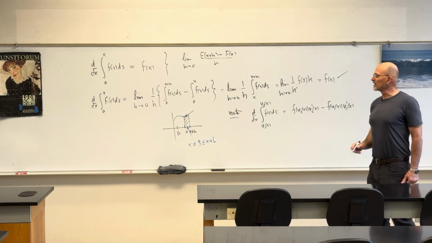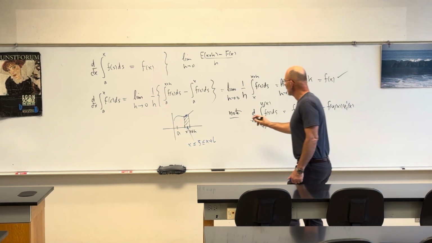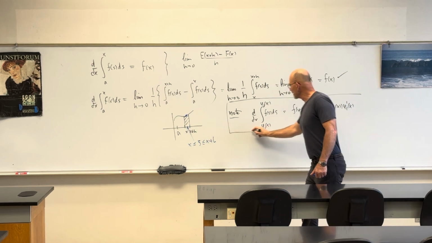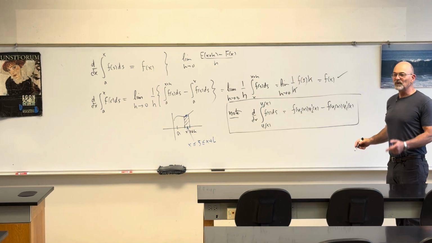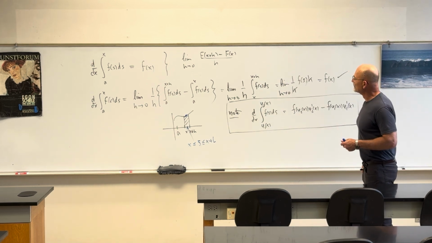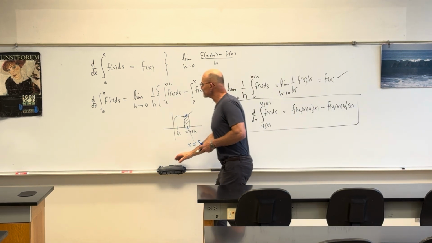Hold on to this; maybe if I don't have enough homework ideas, I'll have you guys prove this one. But the proof just goes along the lines of what I just did. Good, so we have that.